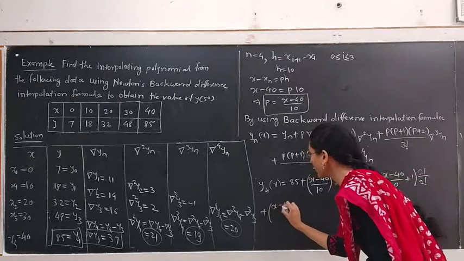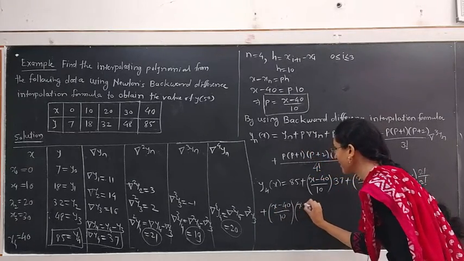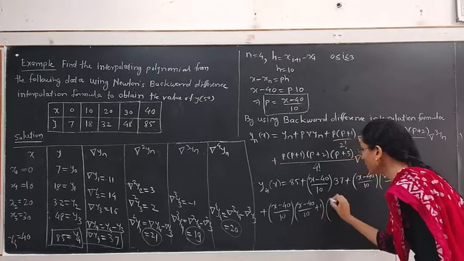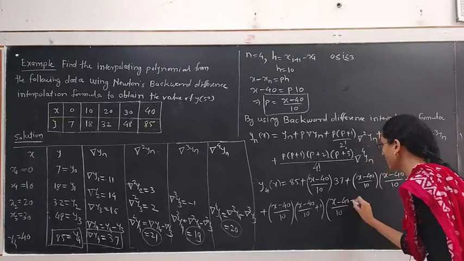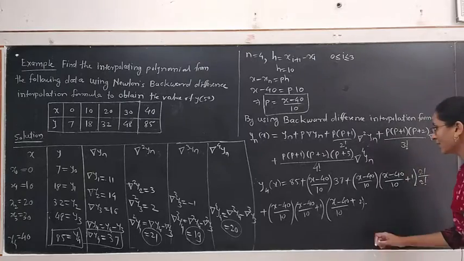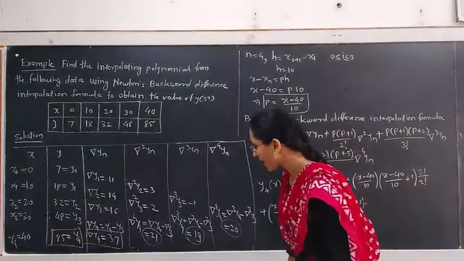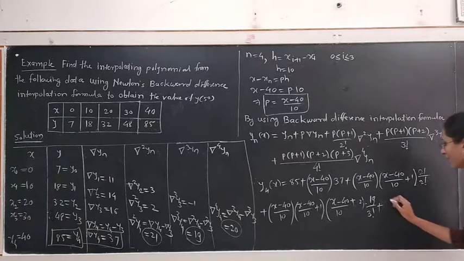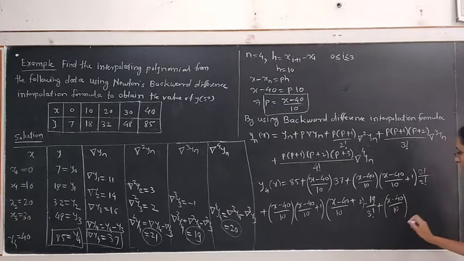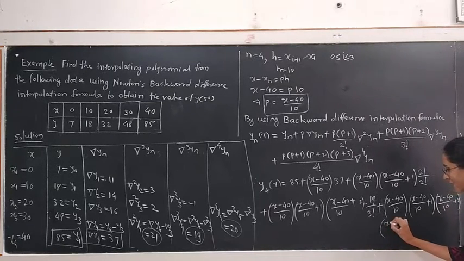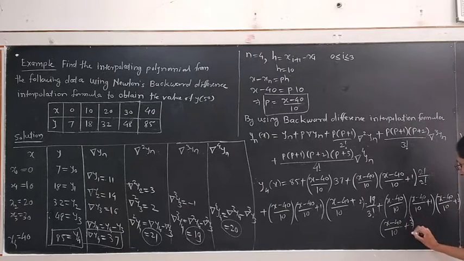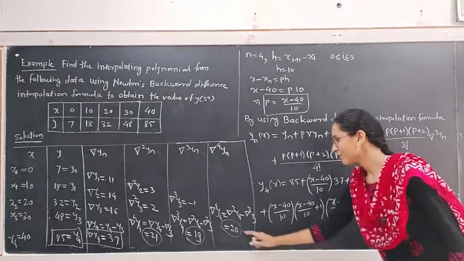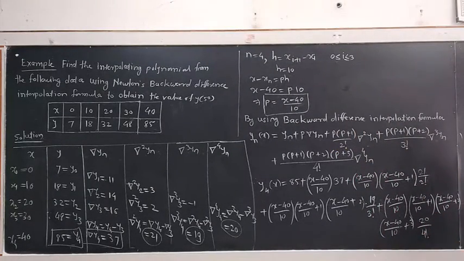p into (p plus 1) into (p plus 2), that is (x minus 40) upon 10 into ((x minus 40) upon 10 plus 1) into ((x minus 40) upon 10 plus 2), upon 3 factorial and the value of del cube y4 is 19, so 19 upon 3 factorial, plus the last term of this equation, (x minus 40) upon 10 into ((x minus 40) upon 10 plus 1) into ((x minus 40) upon 10 plus 2) into ((x minus 40) upon 10 plus 3), upon 4 factorial into del raised to 4 yn, whose value is 20, so 20 upon 4 factorial.